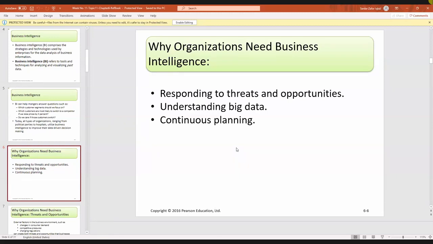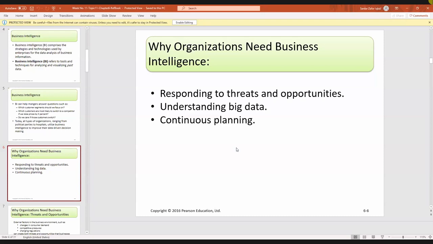Nowadays, it is especially required because technology has reached almost everywhere, and internet speed is getting faster and faster. Satellite communication has increased, exchange of data is becoming easy and fast. So in 5 minutes, maybe you will receive something new. You have to manage. So that's why you need continuous planning.